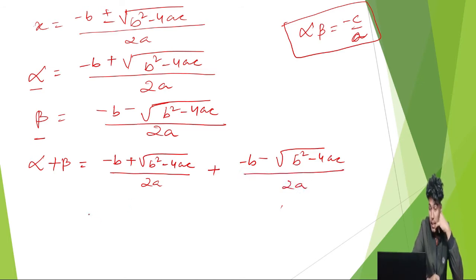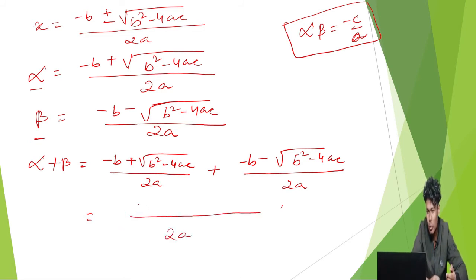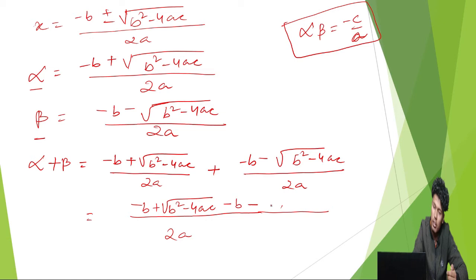Now take the LCM. 2a is the LCM, both are same, so you write down the denominator. Minus b plus root b square minus 4ac minus b minus root b square minus 4ac. So this is plus, this is minus, cancelled out.